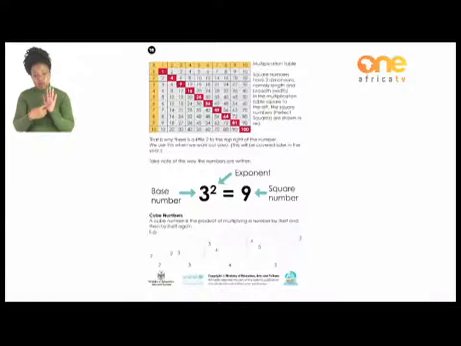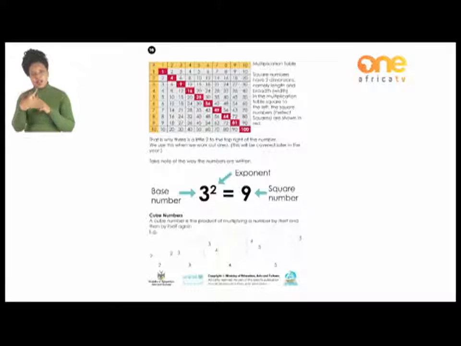For example, there are blocks or cubes which are drawn there. The first one is 2 times 2 times 2. That can also be written as 2 cubed, or 2 to the power 3. There is 3 times 3 times 3. There is 4 times 4 times 4. 5 times 5 times 5.